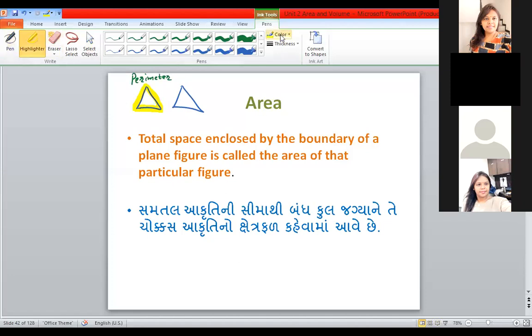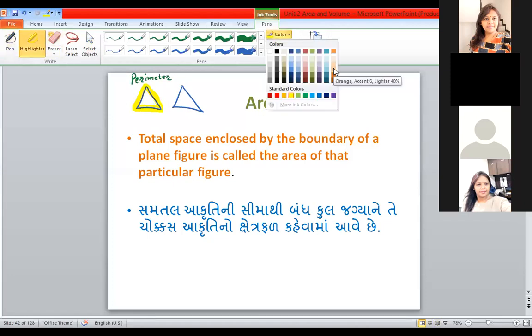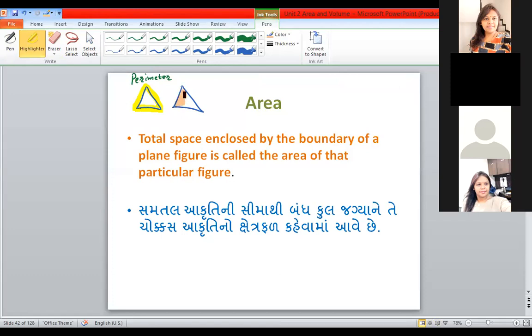If we discuss the inside of this triangle, it's called the area. That means the total space which is enclosed by this given boundary is called the area.